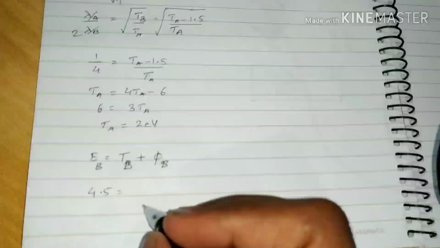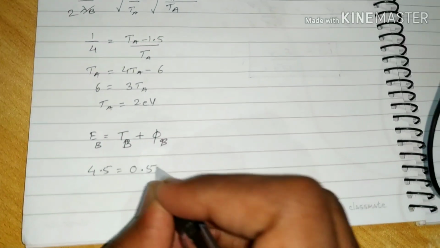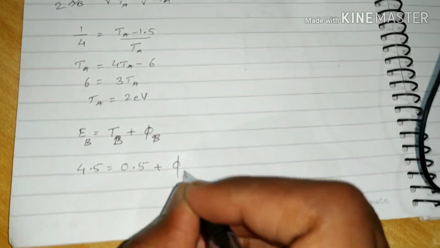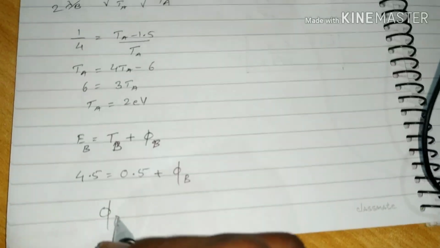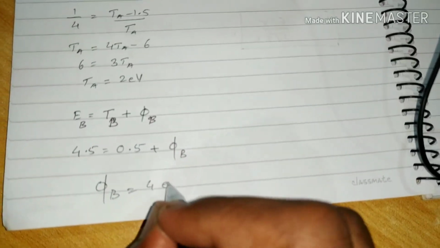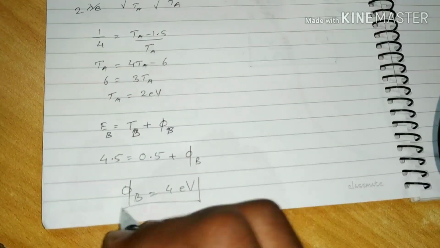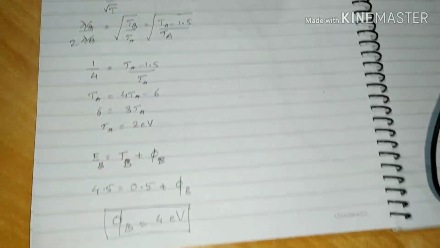TB, we just found, is equal to 0.5 plus work function. That means your work function will be equal to 4 electron volt. This will be your final answer.